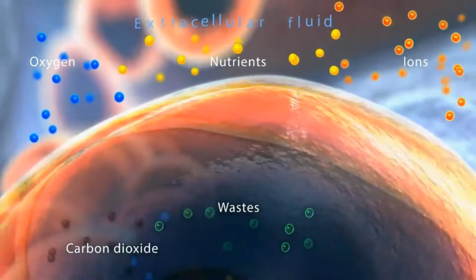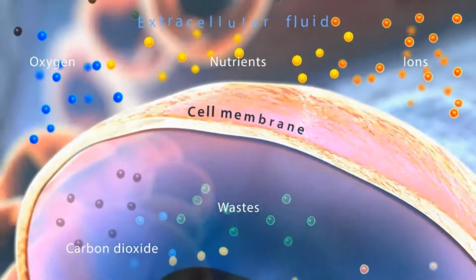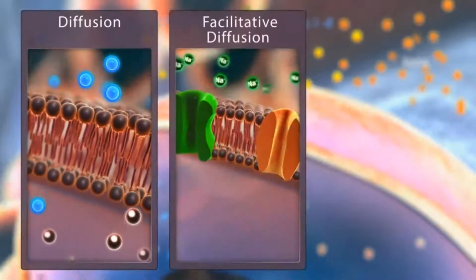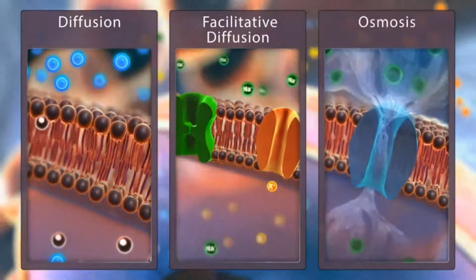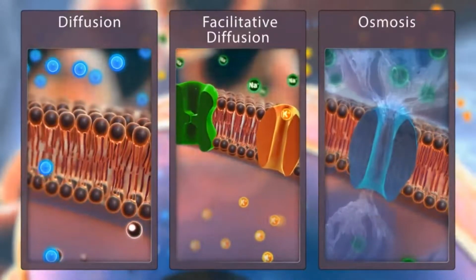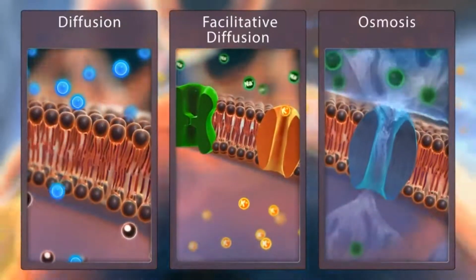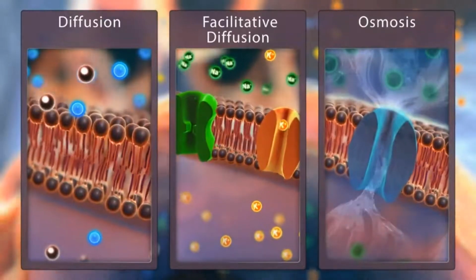All of these substances need to be transported across the cell membrane. Recall that passive processes include diffusion, facilitative diffusion, and osmosis. These processes occur as a result of concentration gradients of the substance, thereby requiring no energy source to move the substance from one side of the cell membrane to another.